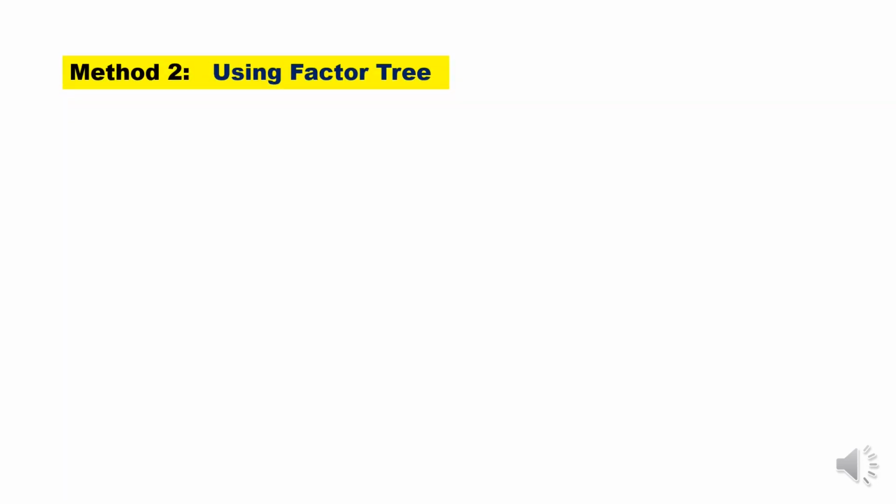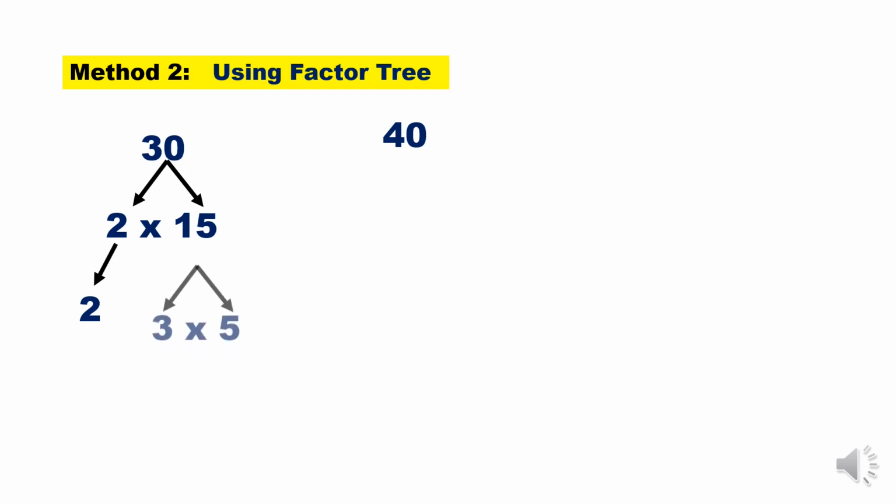Method 2. Using factor tree. Ang 30 ay divisible ng 2, kaya 2 times 15. 2 is a prime number. 15 is divisible by 3, that is 3 times 5.